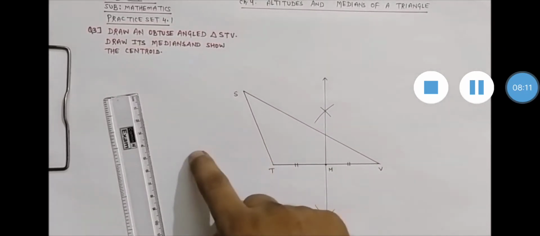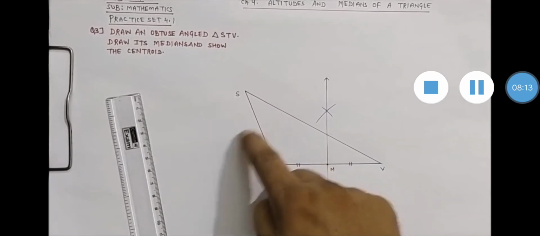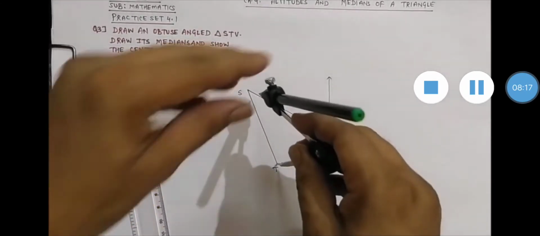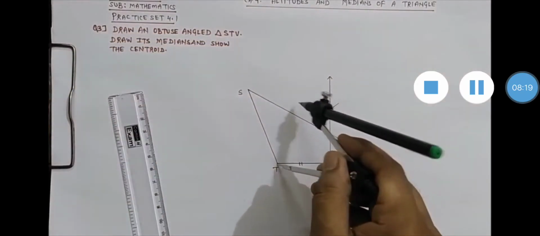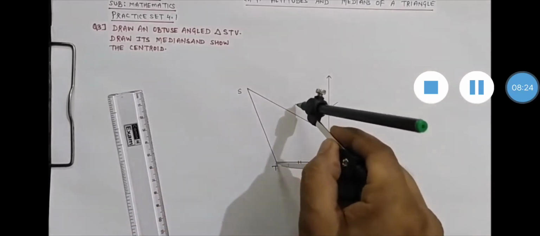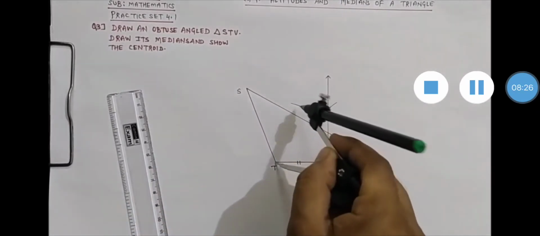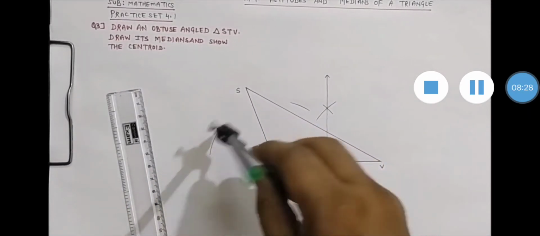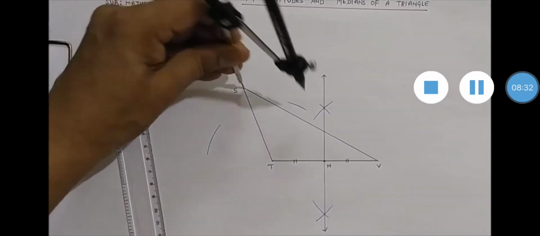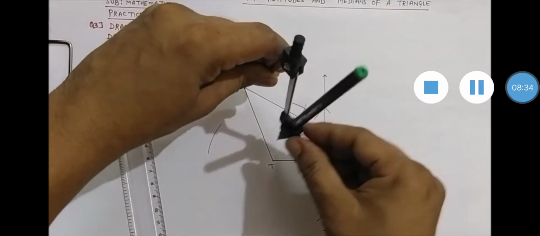Now let's take ST. Let's draw the midpoint of ST. Open more than half. Make arcs by keeping the compass on T on both sides. Now place the compass on point S and make arcs on both sides.